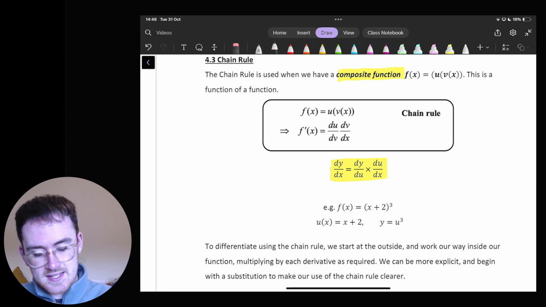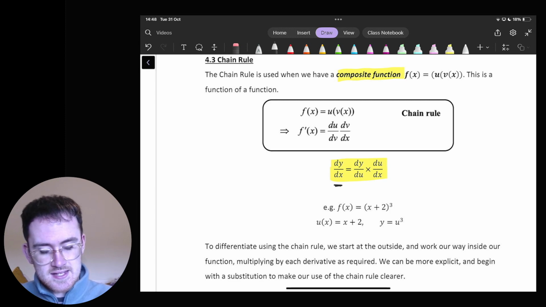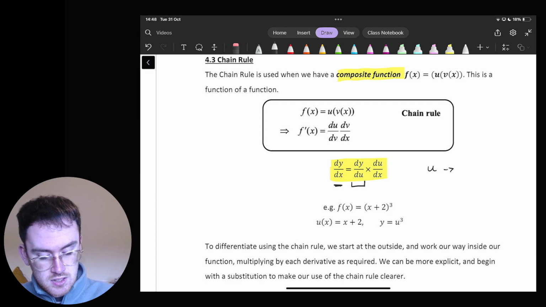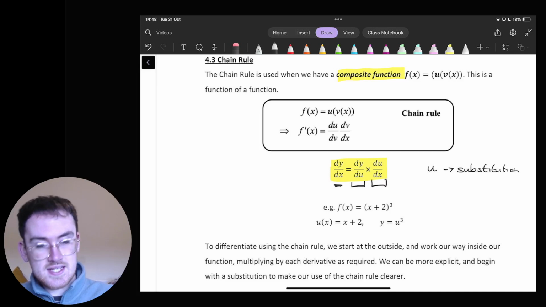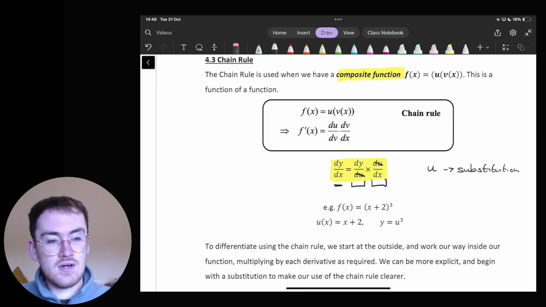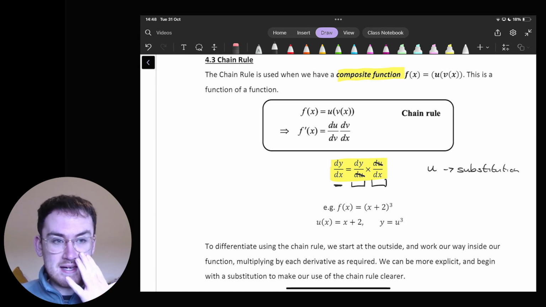So this idea that dy/dx is the same as getting dy/du, where u would be my substitution, and then getting du/dx. And if we look at that idea there, we have a du and a du, and they will essentially cancel each other out to give me that dy/dx part.